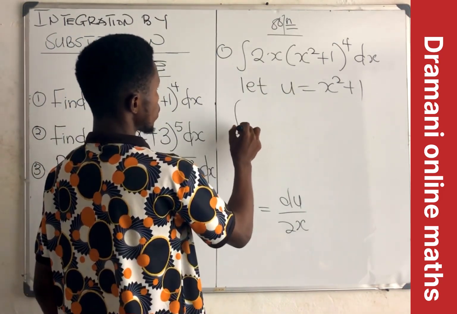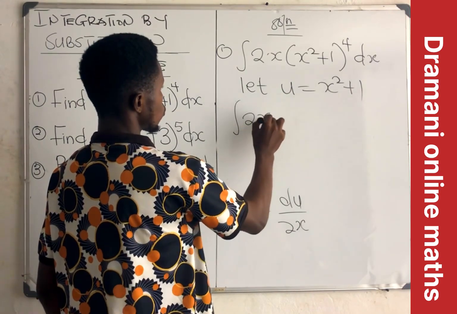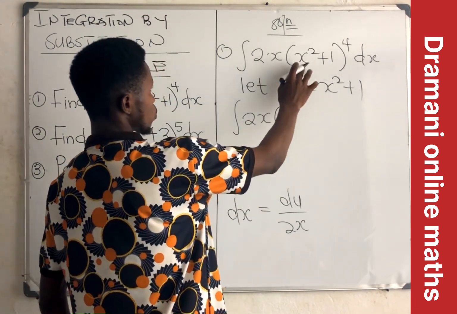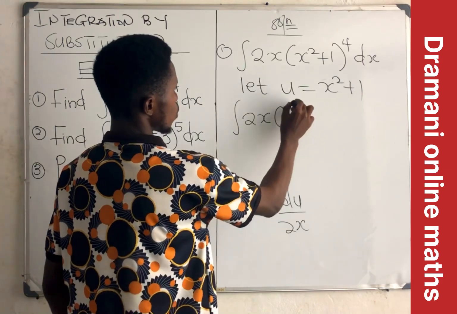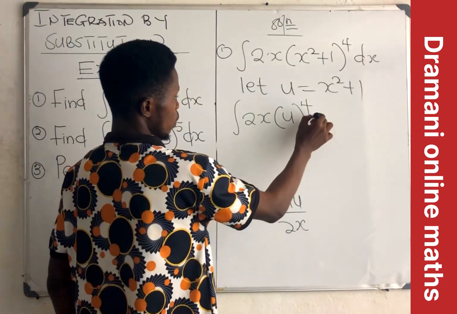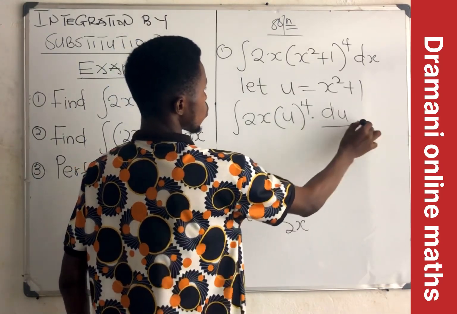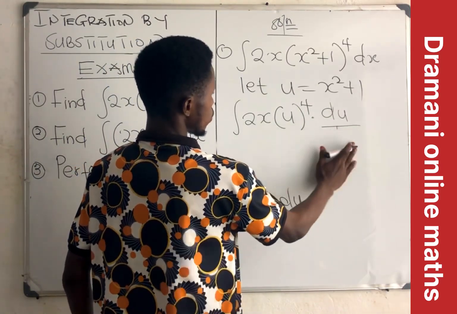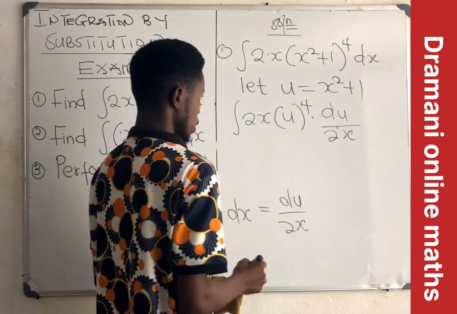So let's come back to there. We have the integral of 2x, and now x squared plus 1 is u, to the power 4. Remember the 4. dx is now du over 2x.